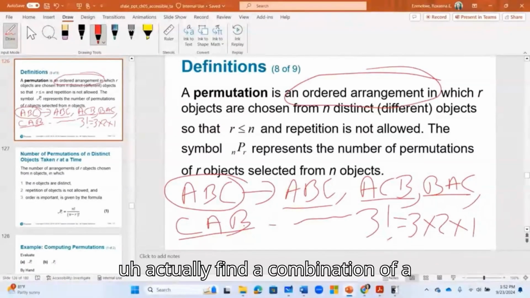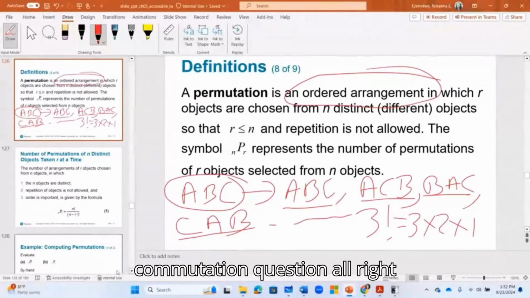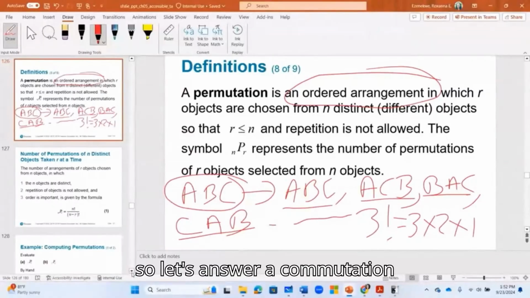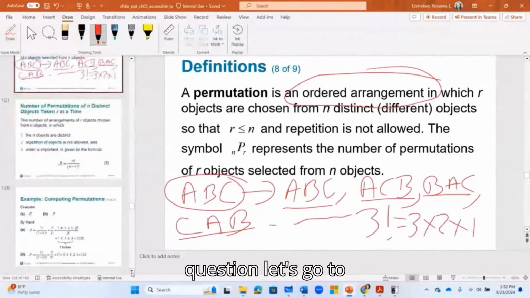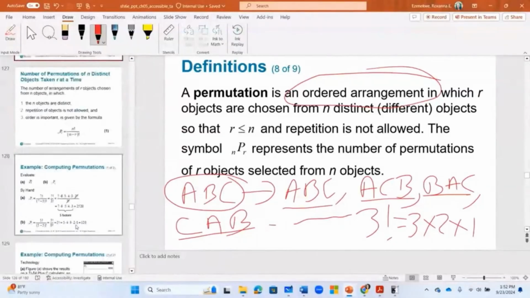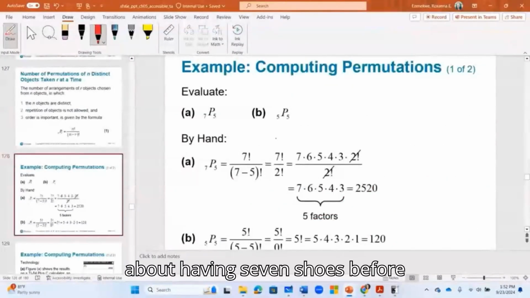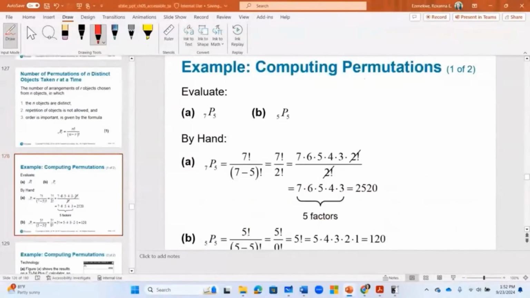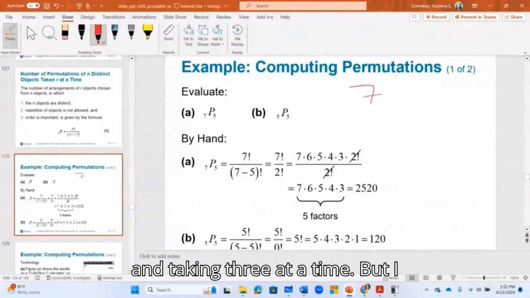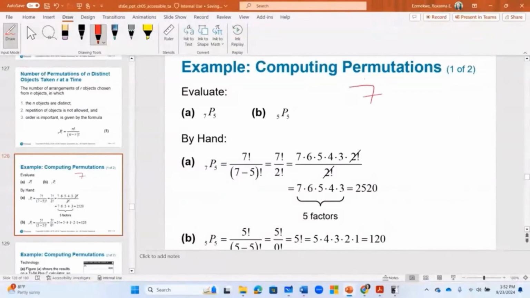So let's actually find a combination question. Suppose I'm told, I was talking about having 7 shoes before and taking 3 at a time.